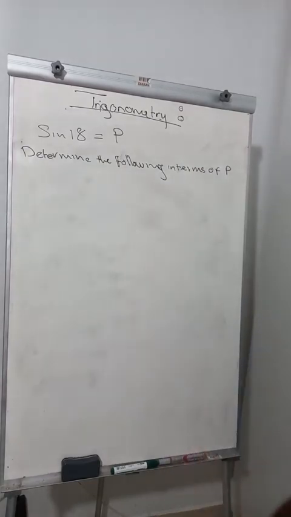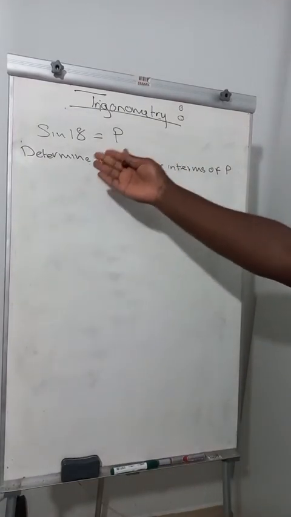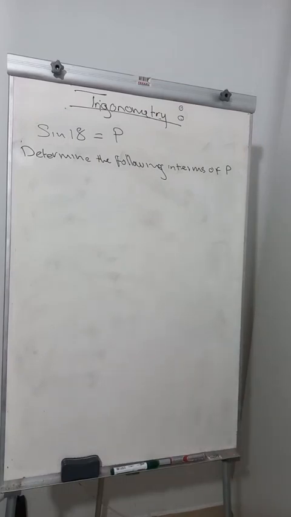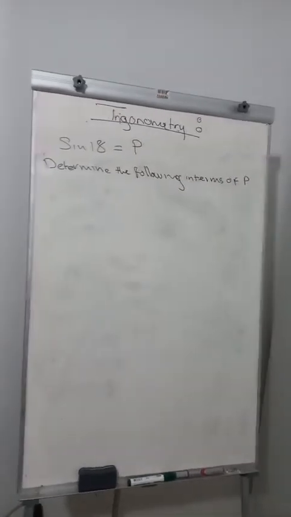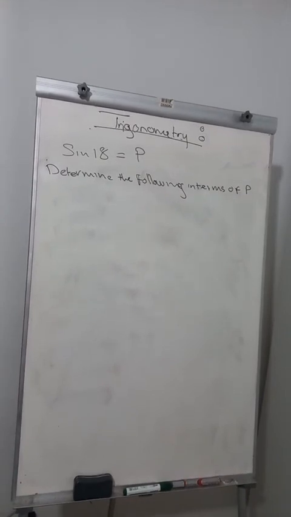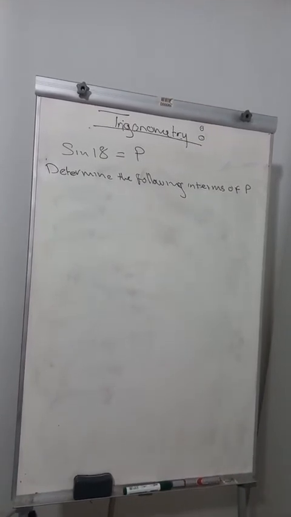If they just said something like this, sine 18 is equals to p, and they don't tell you which method to use, or that you shouldn't use the diagram, I'll suggest that you try to use the diagram so that you can understand which side of the triangle is equivalent to what.